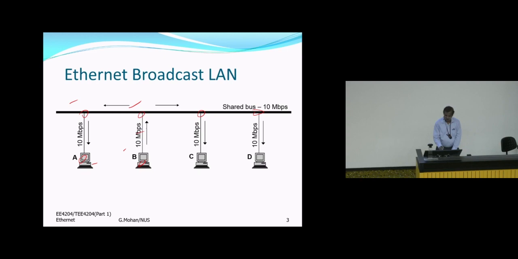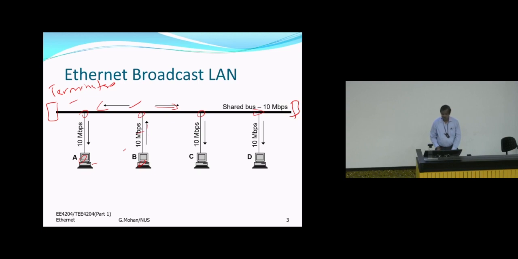Whatever B sends, the signals will propagate in both directions, so eventually it will reach all the nodes in the network. And there will be terminators at both ends that will terminate the signal. The signal cannot just vanish, so there are terminators to absorb it. So it cannot traverse back and forth; it is terminated at the end nodes.